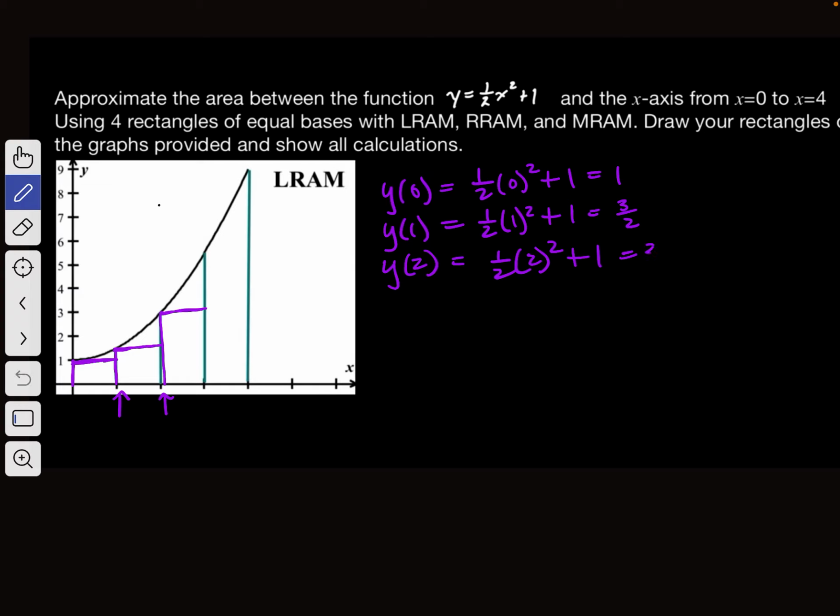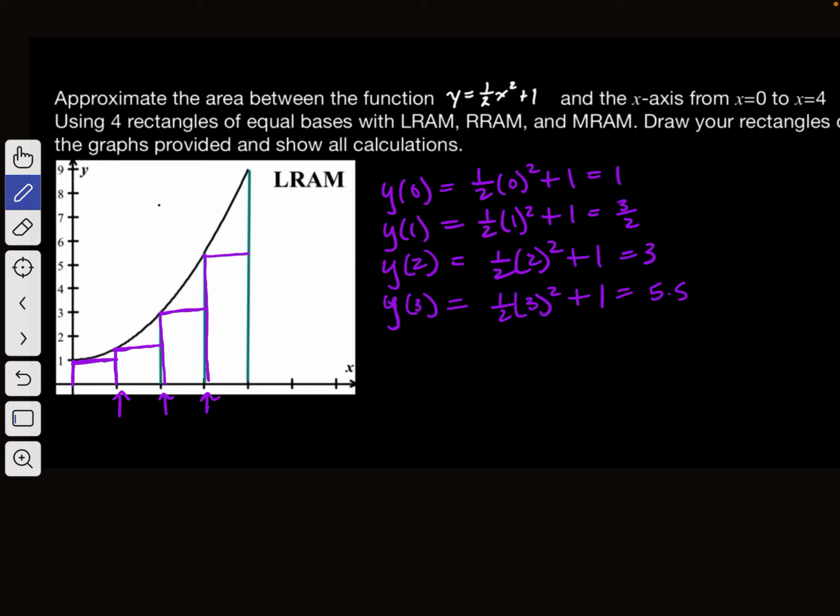And 2 squared is 4, half of that is 2, and so that gives me 3. And then my last rectangle right here, and so that is going to be y of 3. 3 squared is 9, half of 9 is 4.5, plus 1 is 5.5.